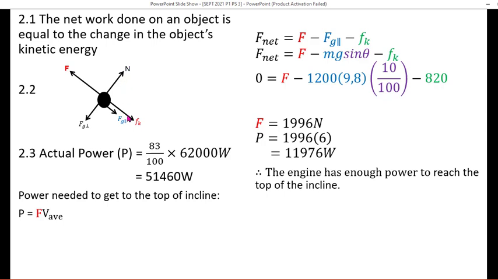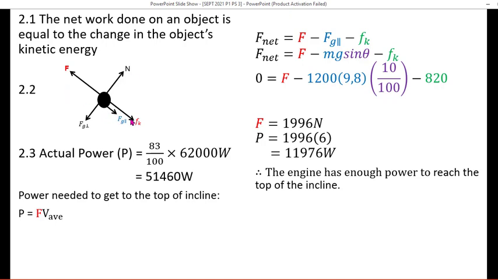We will only consider the parallel forces, which are the applied force, the frictional force, and the gravitational force parallel. So we say that our net force is equal to the forward force, or the force of the engine, minus the gravitational force parallel. Why do we say minus?